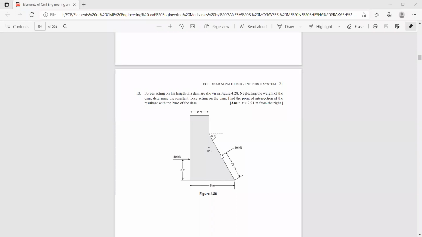Now let us consider this as a triangle. Drop a dotted line over here, and let us call these points small a, b, c. So this is the triangle. In order to calculate the moment, we need the perpendicular distance for these individual components about A, correct? Here, this 30 kilonewton force's horizontal component is acting like this, 30 cos 30, and the perpendicular distance with respect to this point is this height, which you have to calculate.